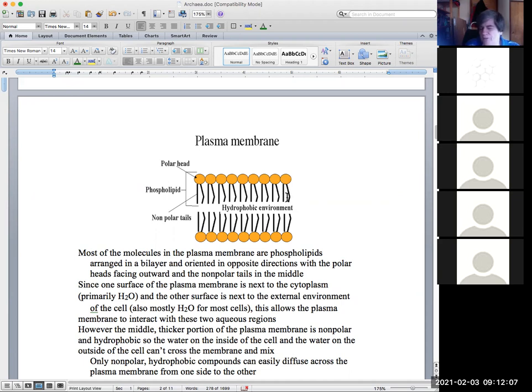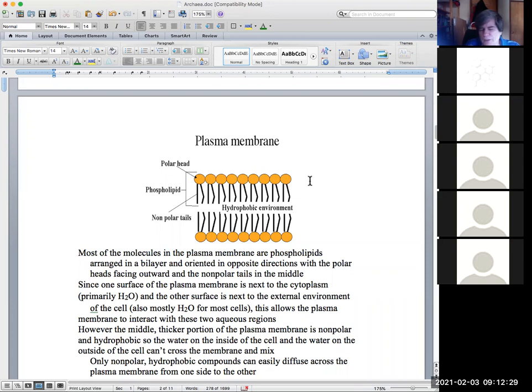So what's left of the fatty acids is these long nonpolar tails. And then the 3rd carbon in glycerol, so 2 of them are combined with fatty acids, 1 of them is combined with a phosphate group. There's usually also an amine group up here, but not always.